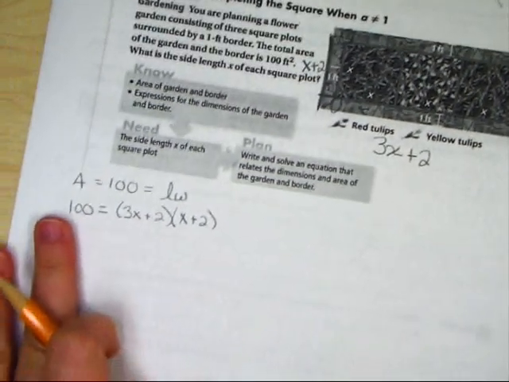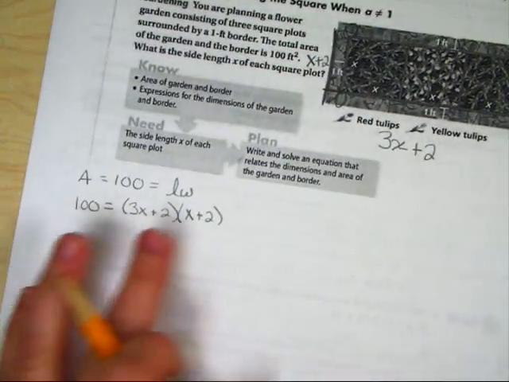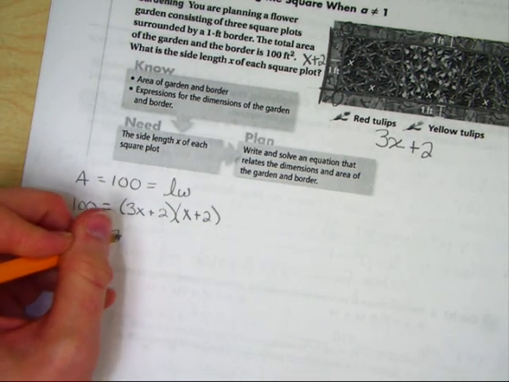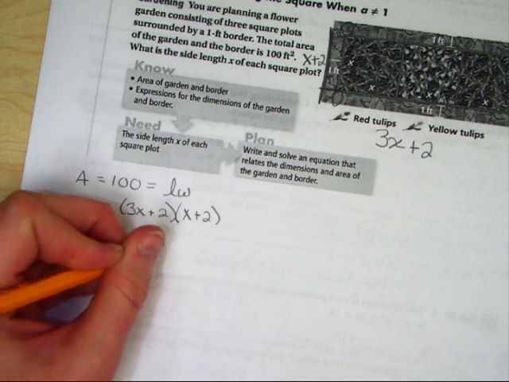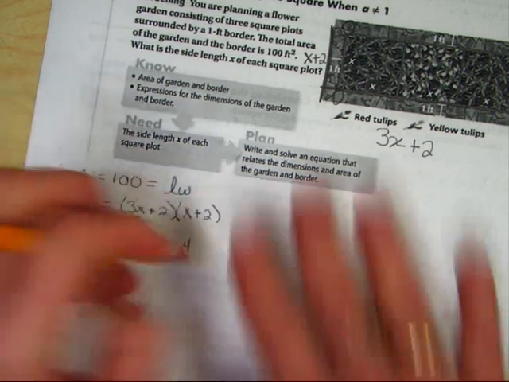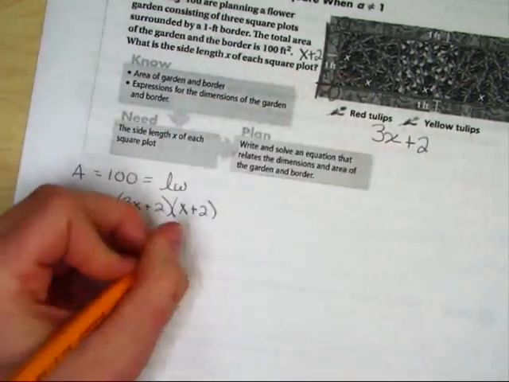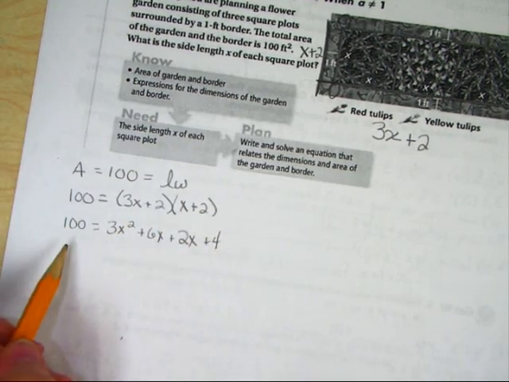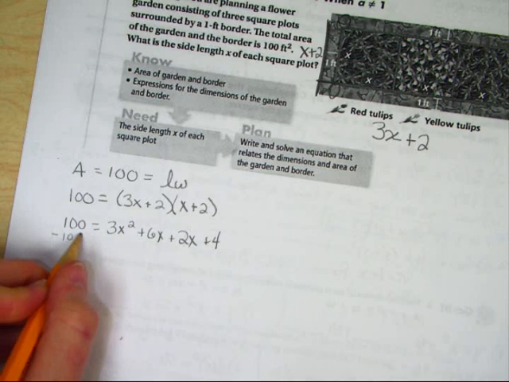Now what we always have to do, remember, is set things equal to 0. So I have to multiply over here first. 100 equals 3x squared plus 6x plus 2x plus 4. Now we have to set it equal to 0, so I'm going to take away 100.